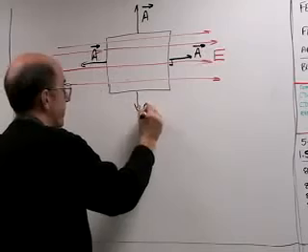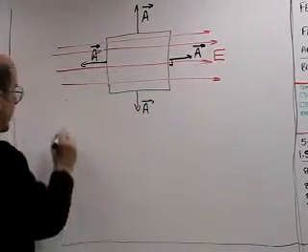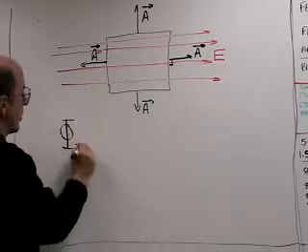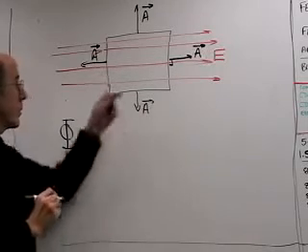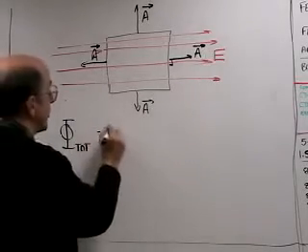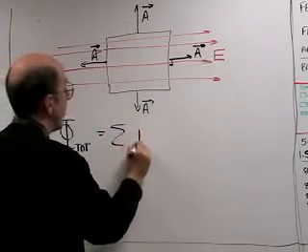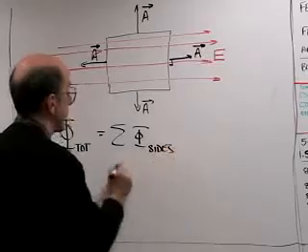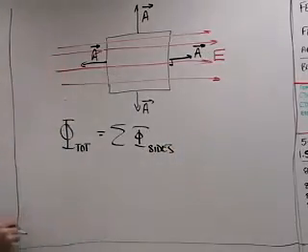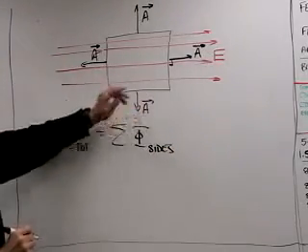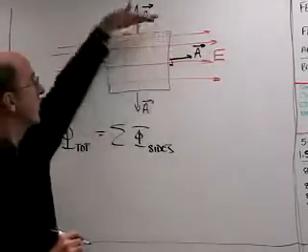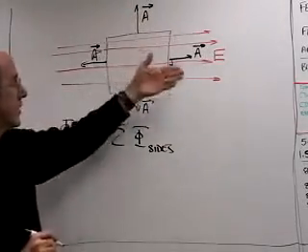And the total flux that's going through this box is just going to be the sum of all the fluxes going through each of the sides. So the total flux going in the box is equal to the sum of the 6 sides: this side, that side, this side, that side, this side, and the back side.